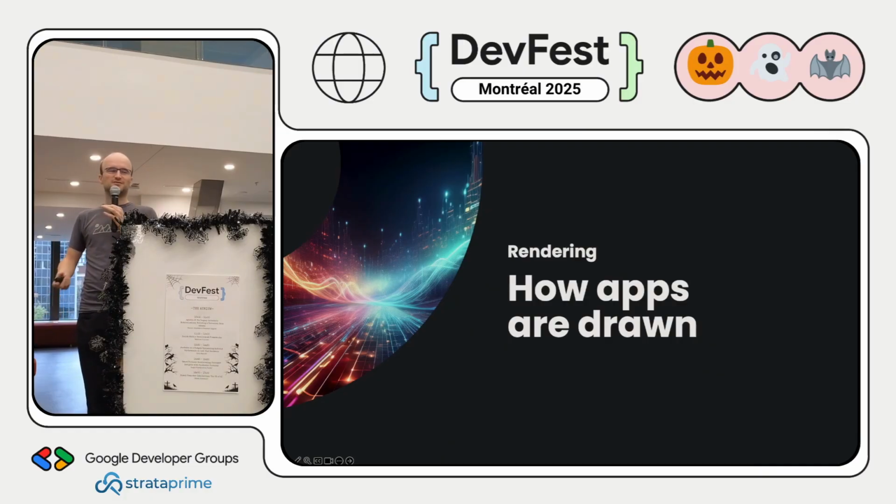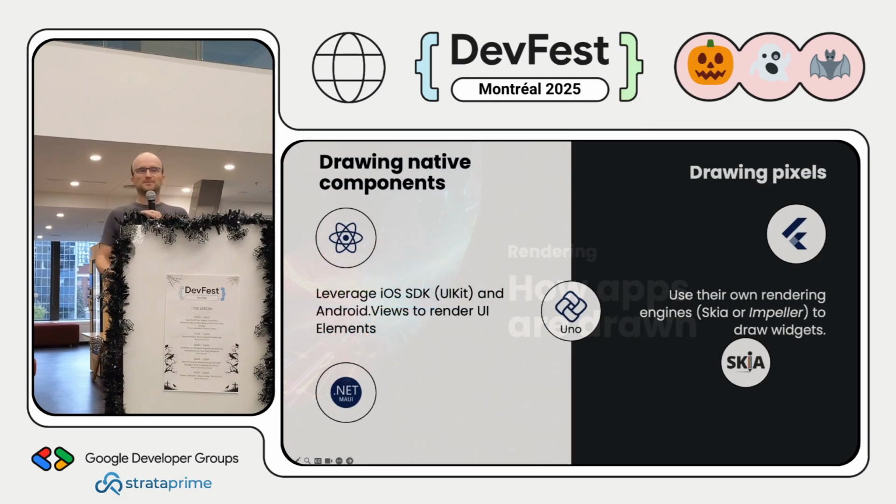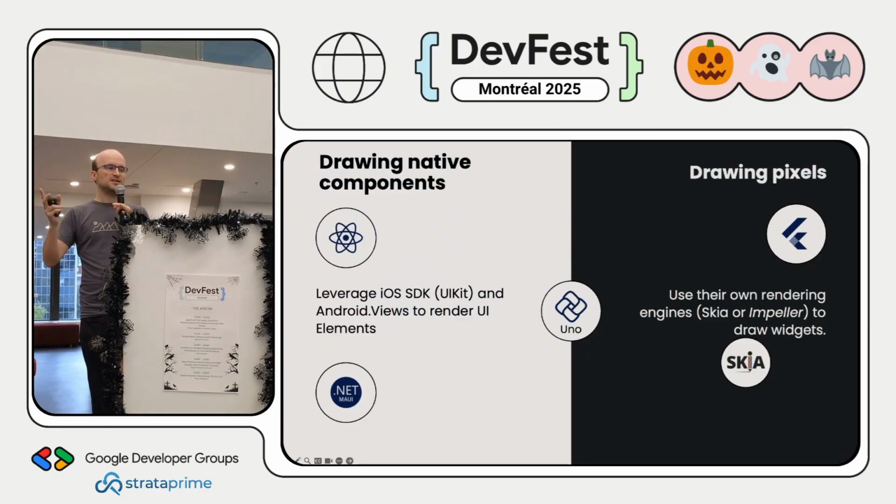So let's start with how apps are drawn on the screen. There's two categories. You can draw native components, so React Native and .NET MAUI use that technique. Basically, as you write in your TSX or in your application code, it will take that code and then use the native SDKs to render UIKit views and Android views on the screen.